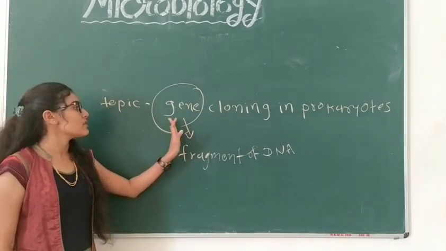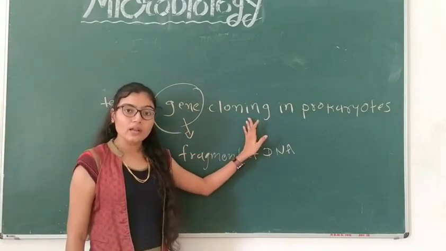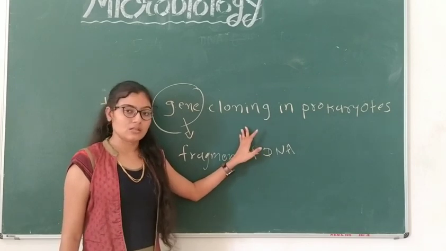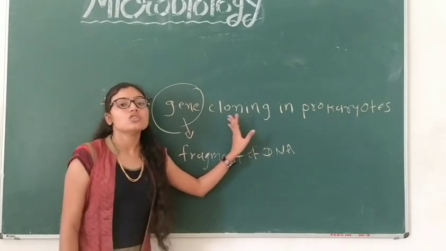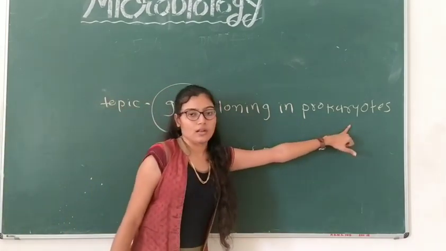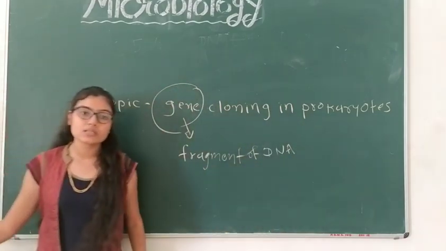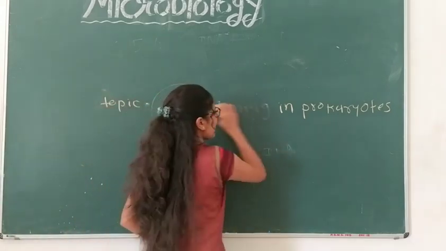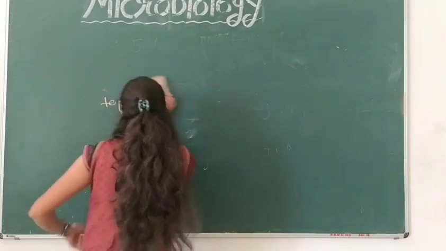This process is known as cloning. In this process we produce more of our desired gene. So today we will discuss gene cloning in prokaryote cell. Okay. That is our topic description, and now we will start the topic of gene cloning in prokaryotic cell.